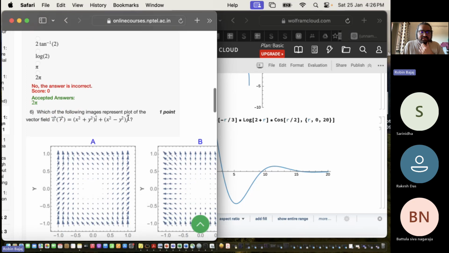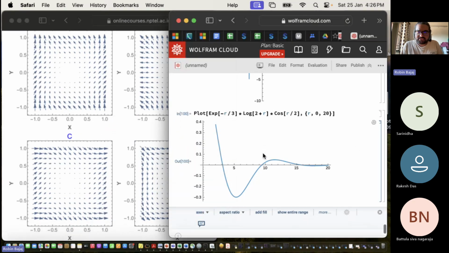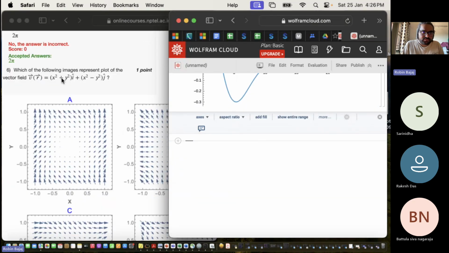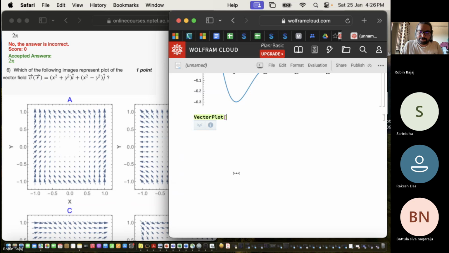So yeah, if you look at the sixth problem, here you have to plot the vector field and see which is the correct vector field. Right. Let's just do this. So x square plus y square and x square minus y square. VectorPlot x square plus y square, comma x square minus y square.